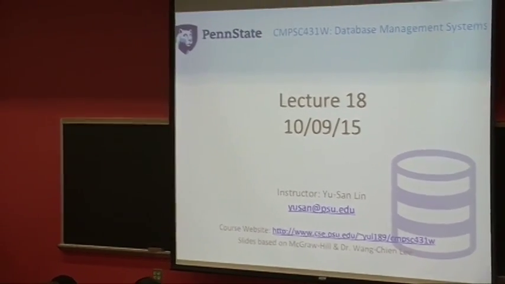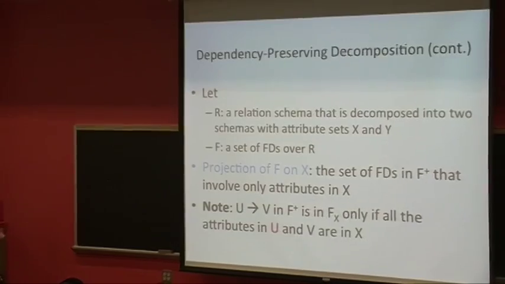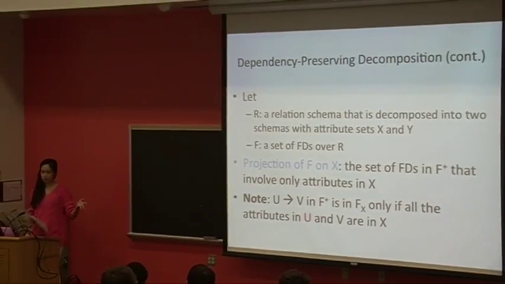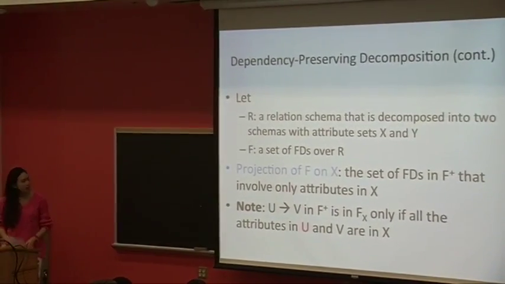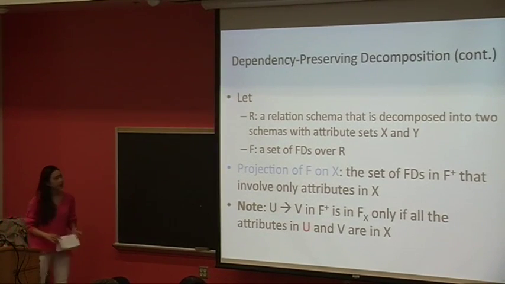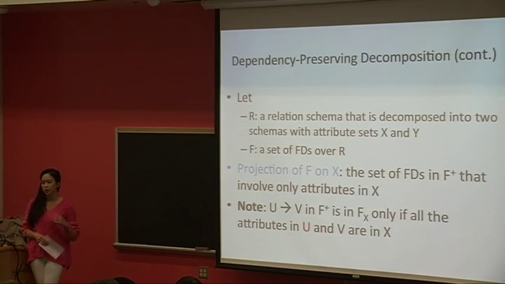If I didn't remember it wrong, last time I think we finished around here. So right here was where we finished last time. We were talking about dependency preserving decomposition. Before I talk about this, let's quickly review the 2 types of decomposition properties that we care about, other than dependency preserving.